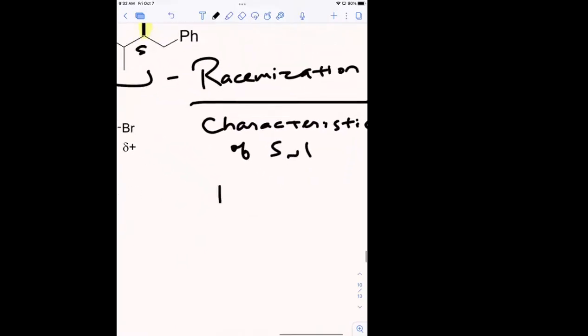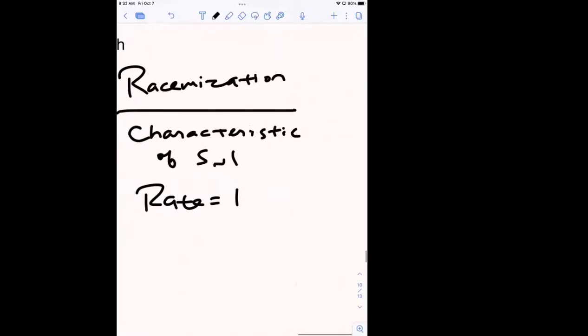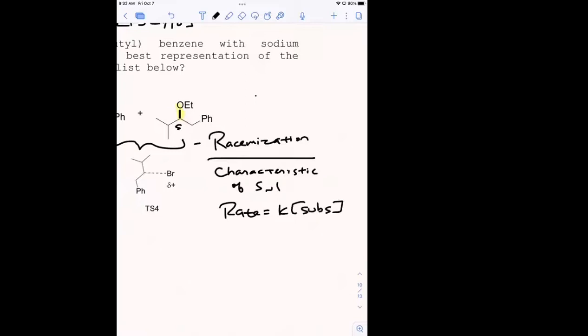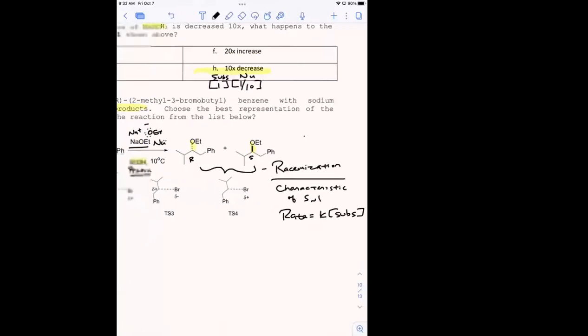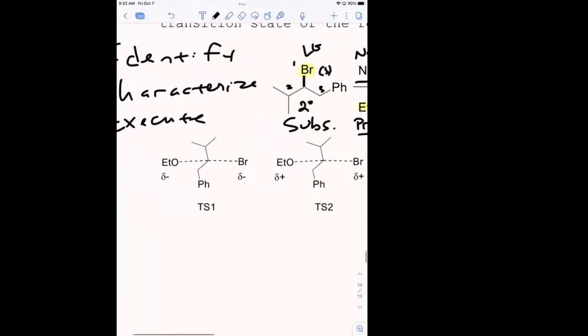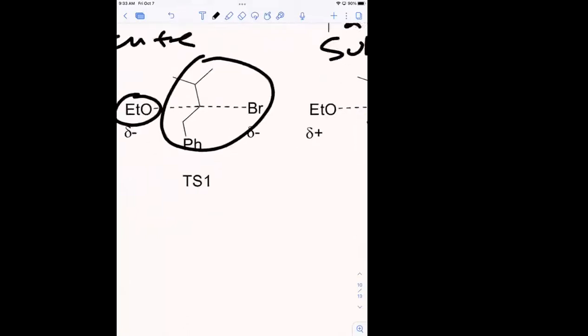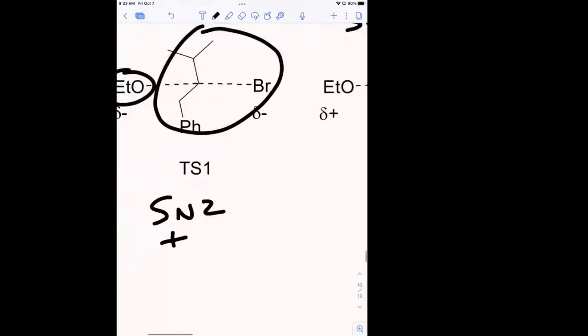Good. That means what? What about the nucleophile? Is it involved in the rate determining step based on that rate law? No, it's not. So when we look at transition state 1, this is the nucleophile, this is the substrate, and they're together. Does that make sense if we say that it's SN1? Oh, so you would basically pick one that doesn't have the nucleophile in it. Yes, because this is an SN2 type transition state.